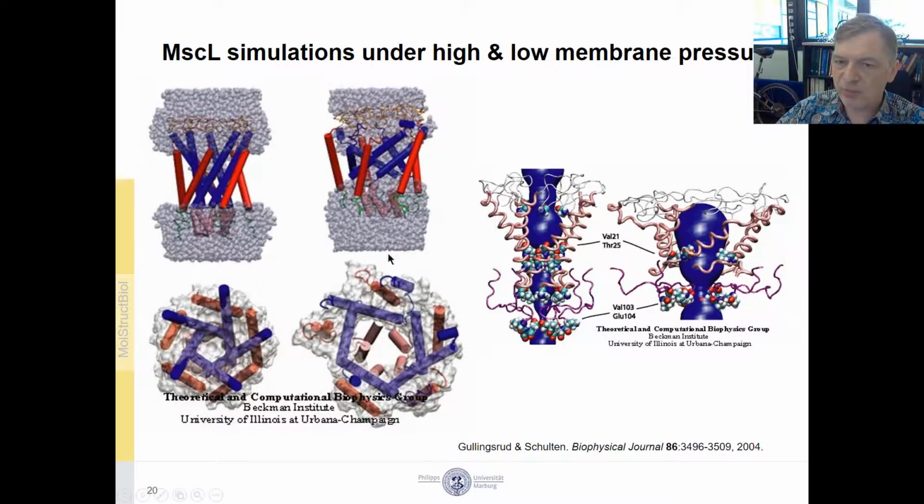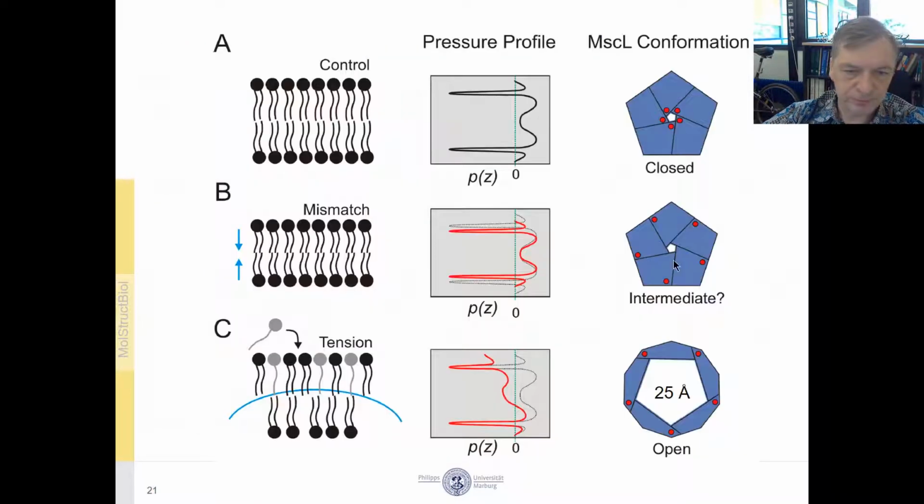Clearly it's not very healthy for the bacteria, but it's an emergency valve to survive. So you see that here in detail. Here's a constriction site in this membrane protein channel that is closed, but upon mechanical stress it gets opened up like an iris from a camera and opens up to let the water-filled stuff through.